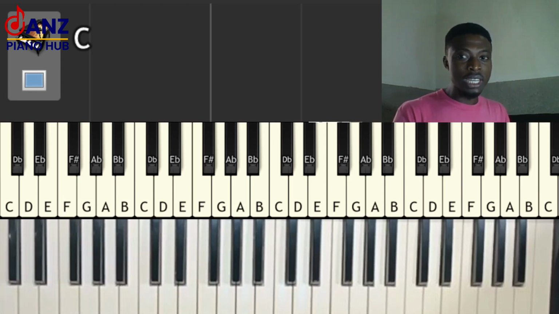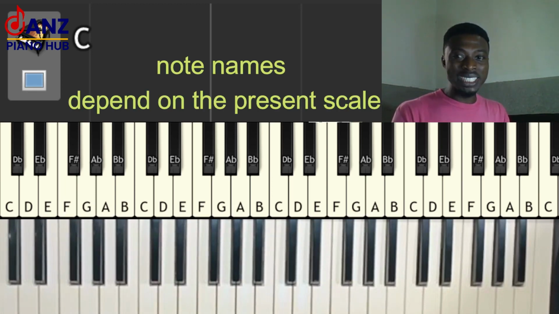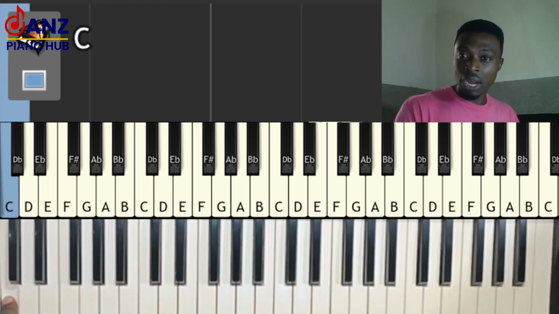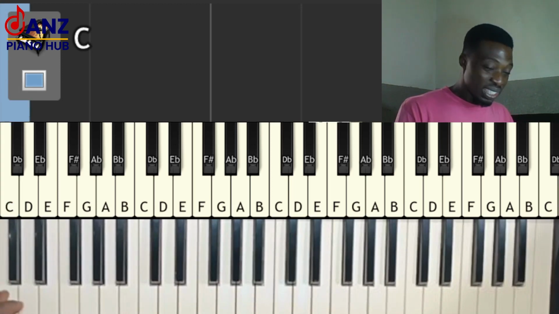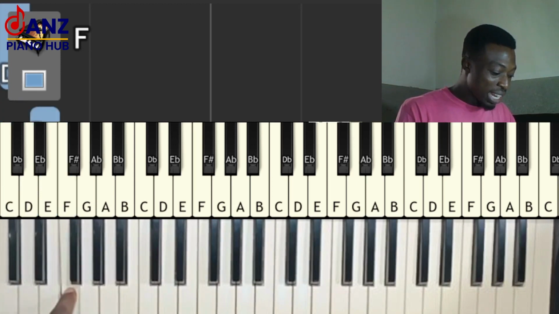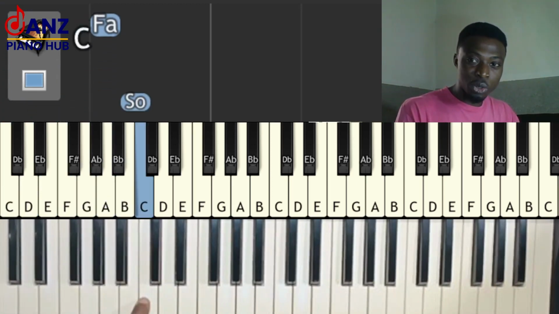But your note name will change depending on the scale you are playing. So if we take the first scale, for example, the C major scale, using our formula, this is Do, Re, Mi, Fa, Sol, La, Si, Do.